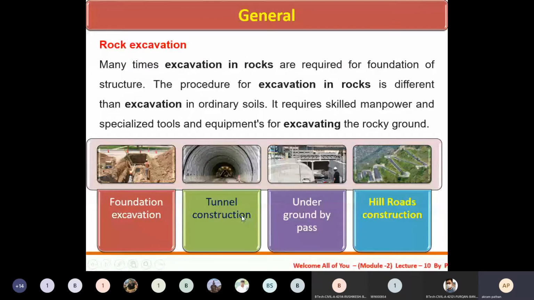Then we also have another civil engineering project, the tunnel. A tunnel is generally used as a passage for transportation of railways, or various vehicles, and even for supplying water, or the supply of oil also.